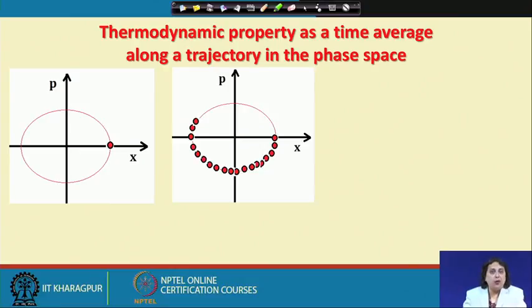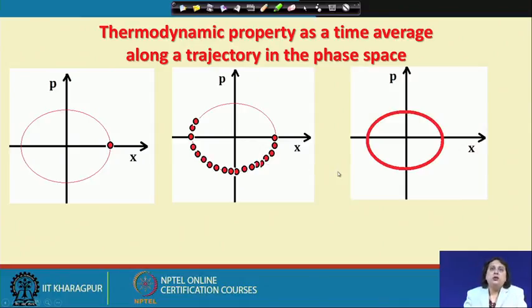If I wait for a long time, the succession of these microscopic states is called a trajectory in time, which tells me how the system moves from this initial point to another point in time t through a succession of many intermediate points on the ellipse in the phase space. And if I waited for a long time, this system would have traced out this path again and again. So, in the long run, the system traces out this red ellipse again and again.